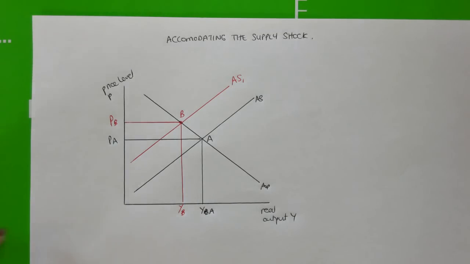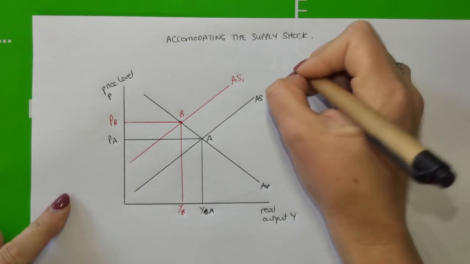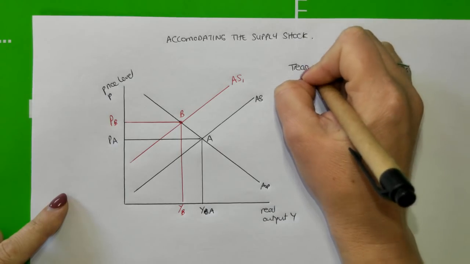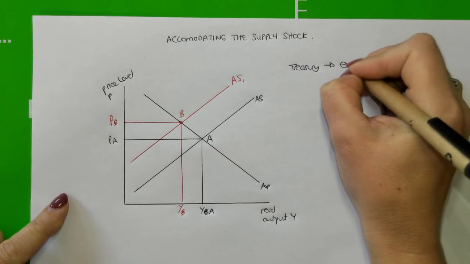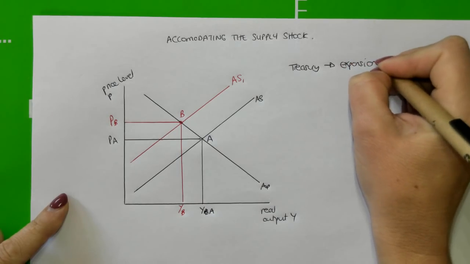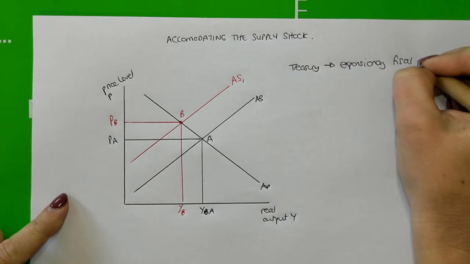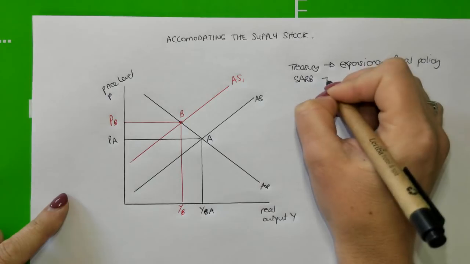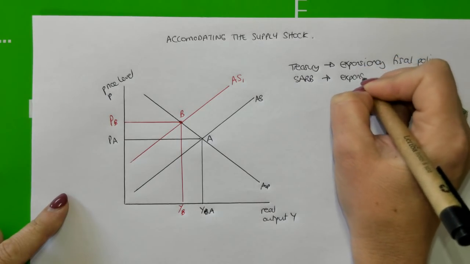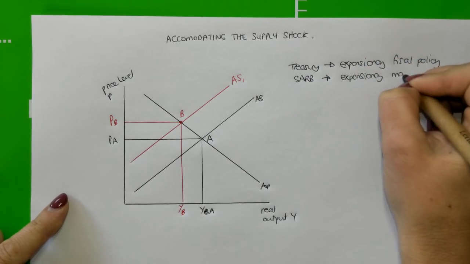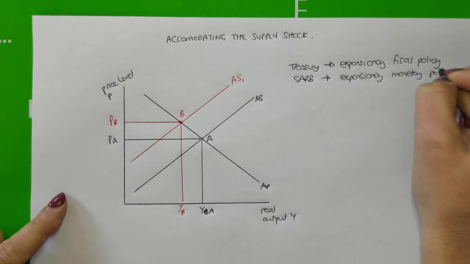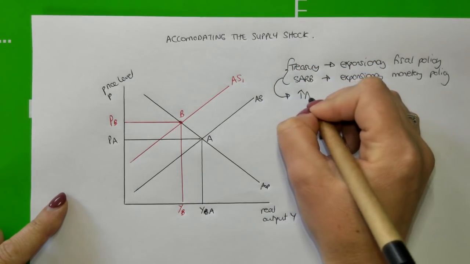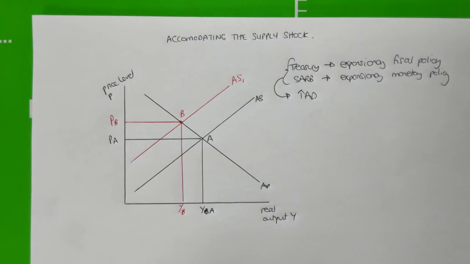So within accommodating the supply shock, we're talking about, say, the Treasury, which is government, implementing expansionary fiscal policy, or the Reserve Bank implementing expansionary monetary policy. And both of those policies together serve to increase the demand for goods and services.